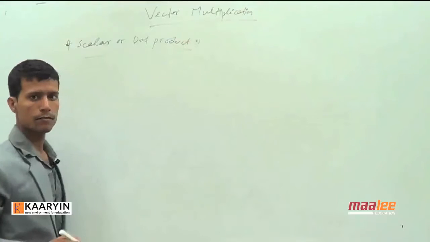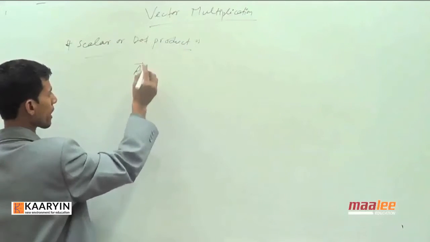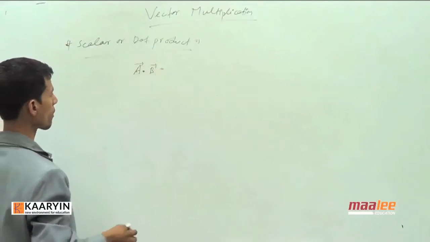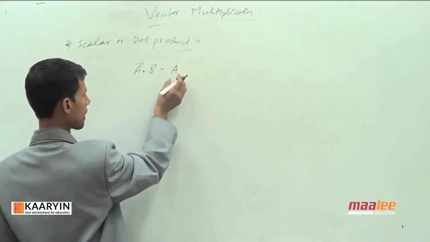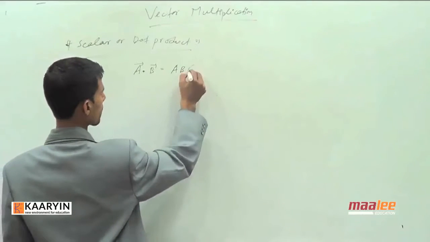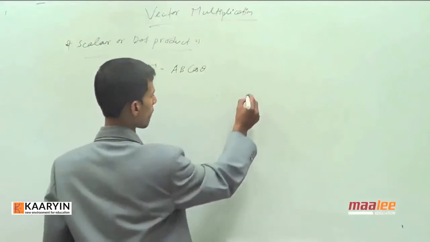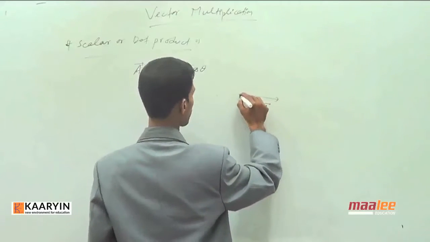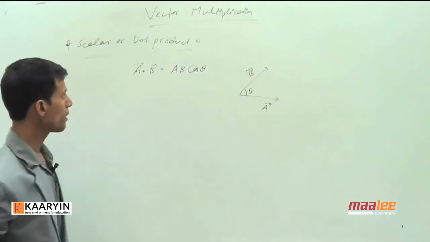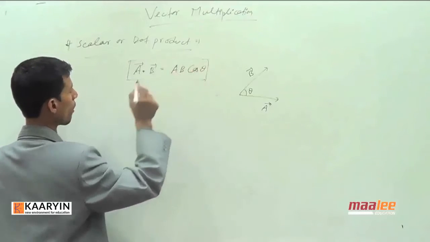Suppose we have a vector A, dotted with the vector B. The formula for this is A dot B equals the magnitude of vector A multiplied by the magnitude of vector B multiplied by cos theta, where theta is the angle between vector A and vector B. That is the formula for A dot B.